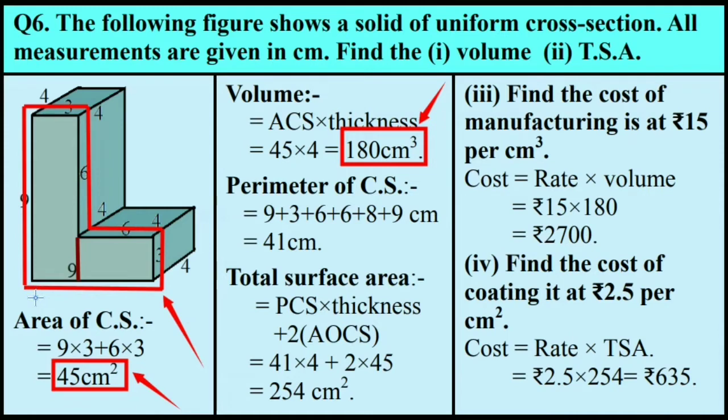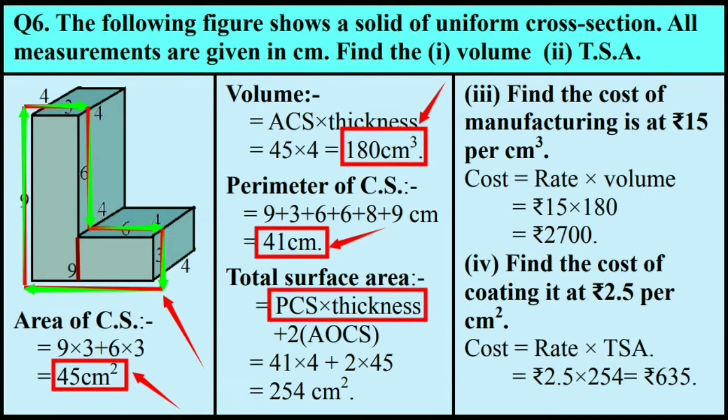So perimeter of the cross section is this one 9 centimeter plus this one 3 centimeter plus this one 6 centimeter plus this one 6 centimeter plus this one 3 centimeter, and at last this particular one is 9 centimeter. Finally, perimeter of cross section is 41 centimeter.